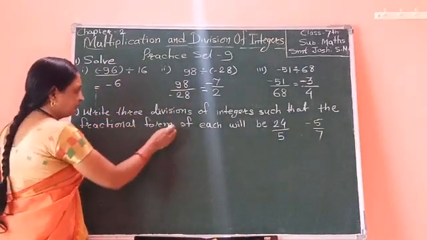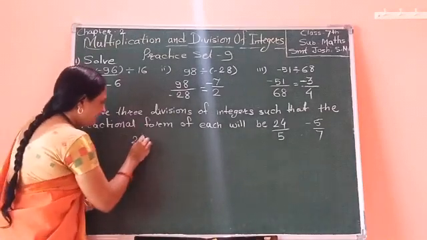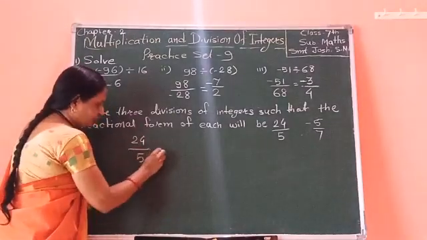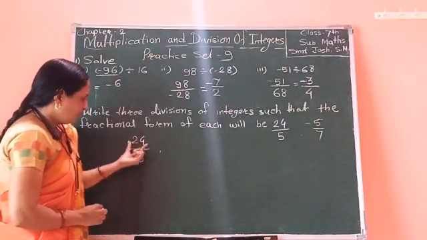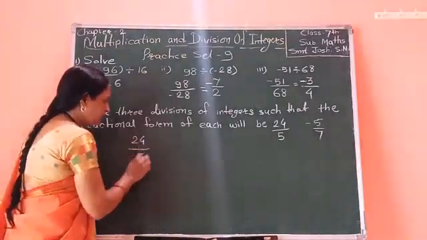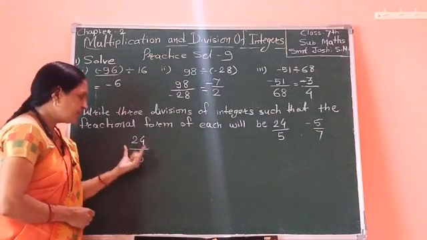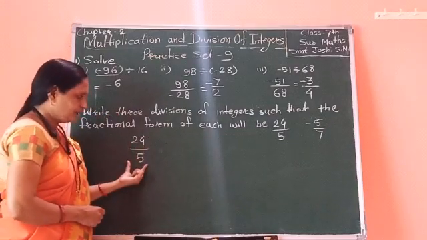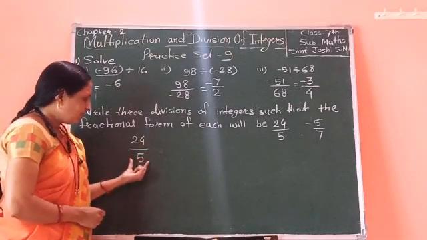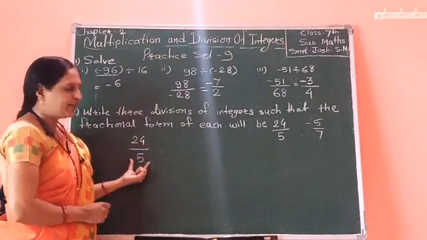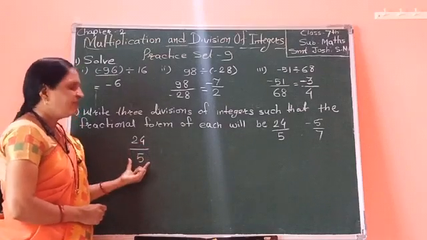Second example, 3 divisions. 24/5 is given. How can we write the 3 divisions of integers to get the answer 24/5? We know that when we multiply the numerator and denominator by the same number, there is no change in the fraction.